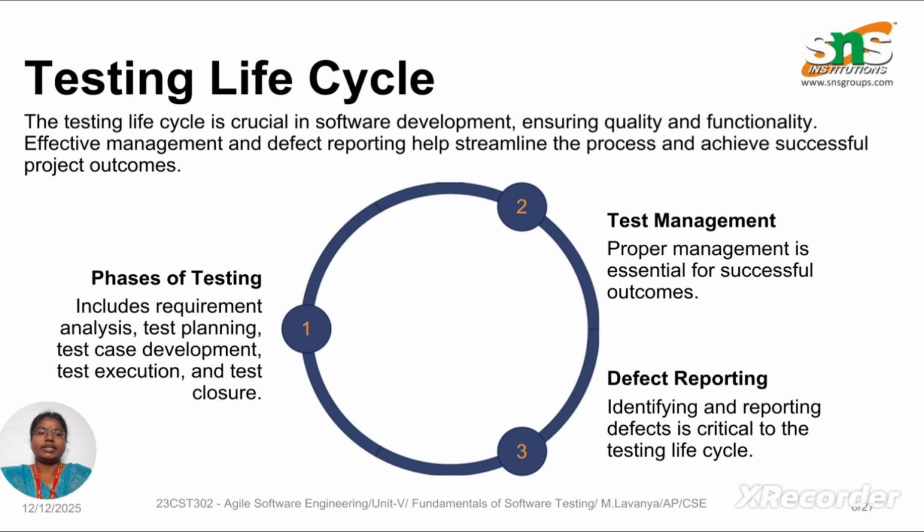Test management is the second one, in which the entire test process is managed successfully, and it ensures that the outcome is positive. And finally, defect reporting identifies and reports the defects which are critical to the testing life cycle. A few defects can be small, and can even be fixed by the software tester or at a minimal level by the developer.